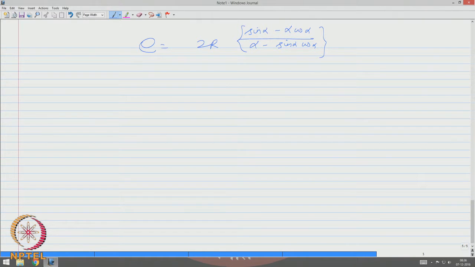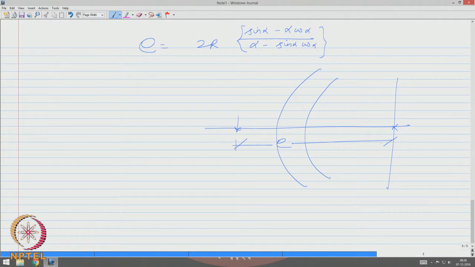That is the distance of the shear center for this figure from the center along the axis of symmetry, the point which is E, for an arc that extends 2 alpha at the center.